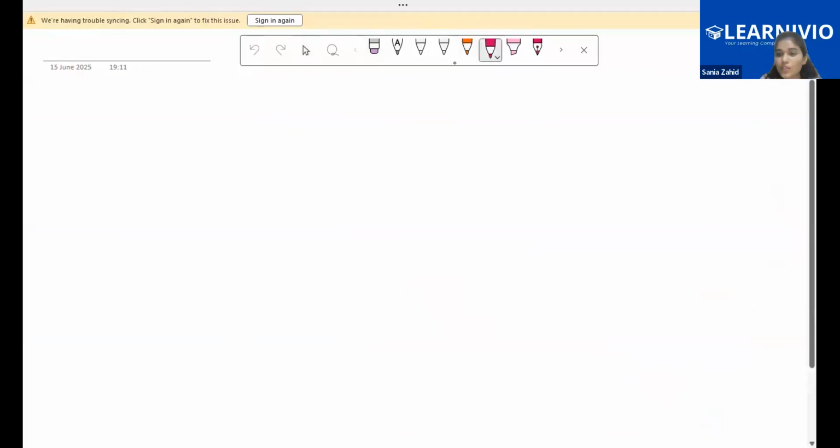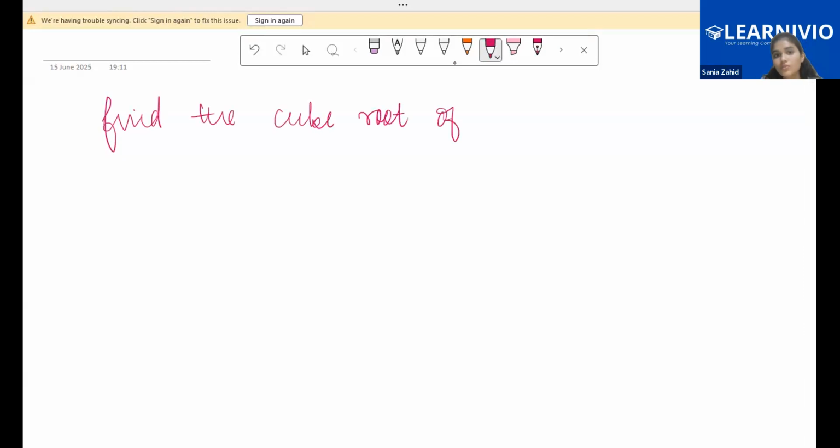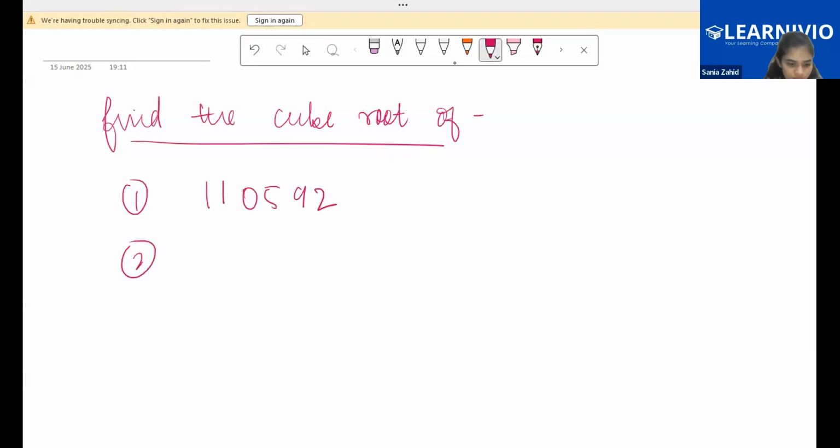Cubes and cube roots only. Find the cube root of 110592 and 13824.